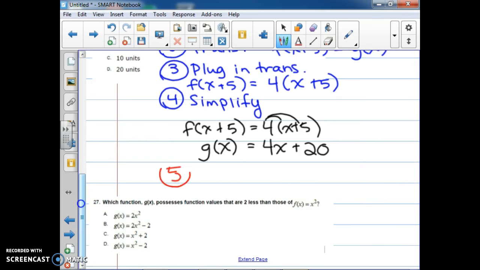Final step. Compare the y-intercepts, because that's what our question is asking us here. Other questions may ask you to identify x-intercepts, or compare x-intercepts, y-intercepts, and compare slopes or anything like that. This one asks us about y-intercepts. So compare the y-intercepts. What's the y-intercept of g of x? It is 20.